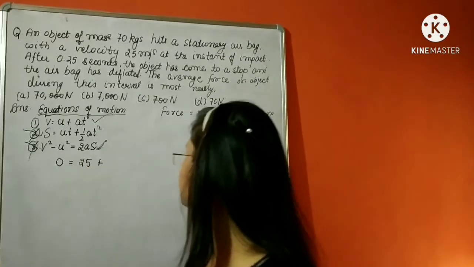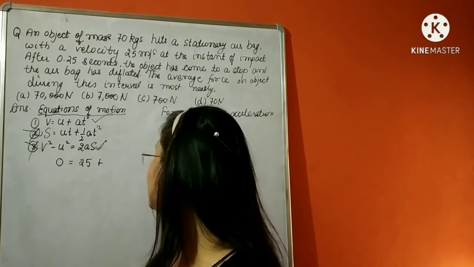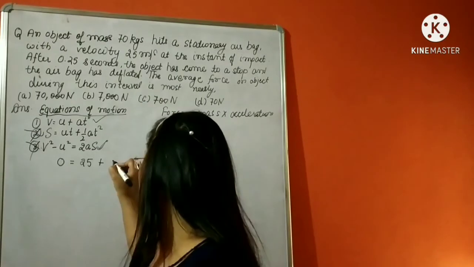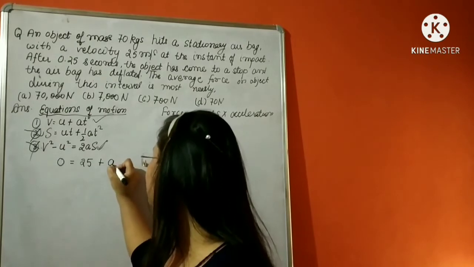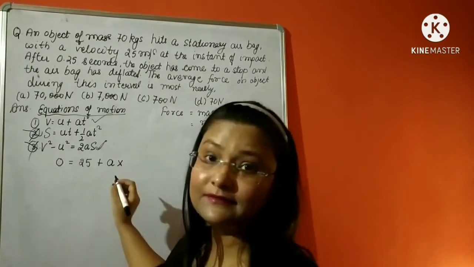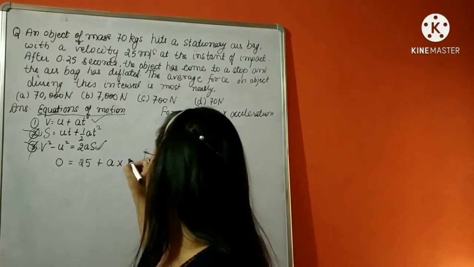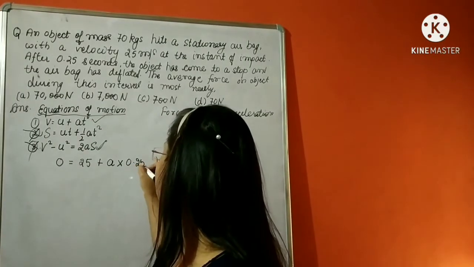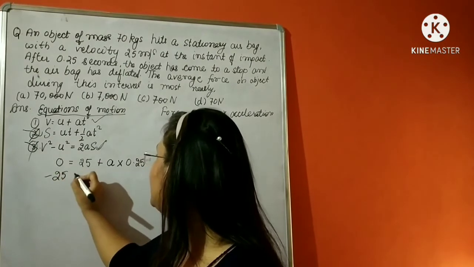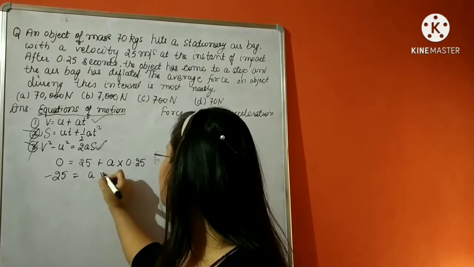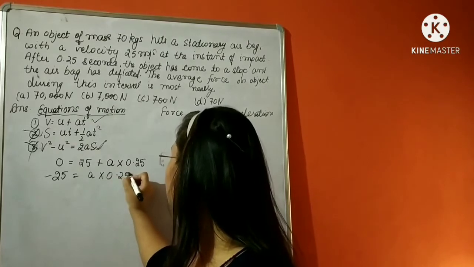Plus, what's A? We need to find A only, the acceleration. And the time interval given is 0.25 seconds. So now 25 will shift and become A into 0.25.